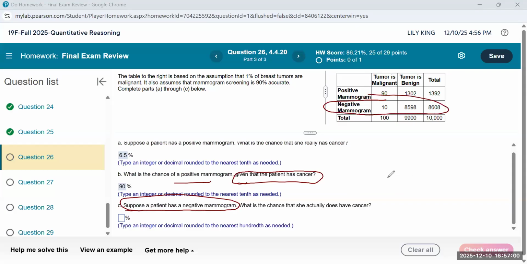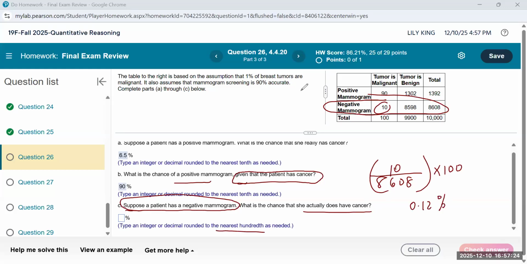We have 8608 at the bottom, and within that, you want to select those that have cancer, which is 10. And then express that as a percentage by multiplying by 100. Which is 0.12%, if you leave it to the nearest hundredth, which is the same as 2 decimal places.